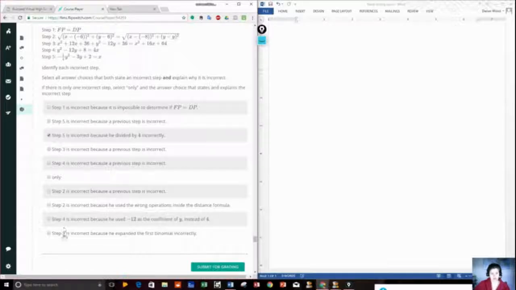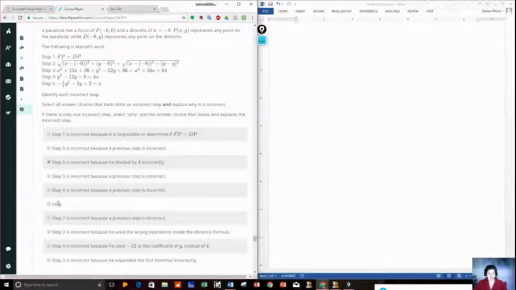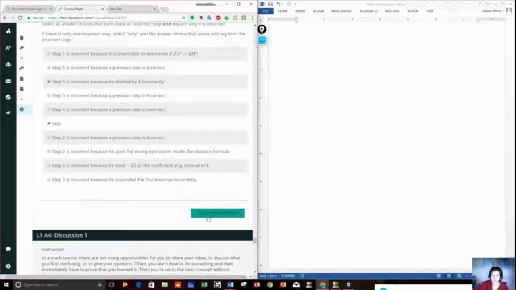Okay, there's not another step 5, so it has to be that step 5 is incorrect because he divided by 4 incorrectly, because none of the other previous steps were incorrect. So we're going to click step 5 and select only because there's only one incorrect step. We're going to submit this for grading.